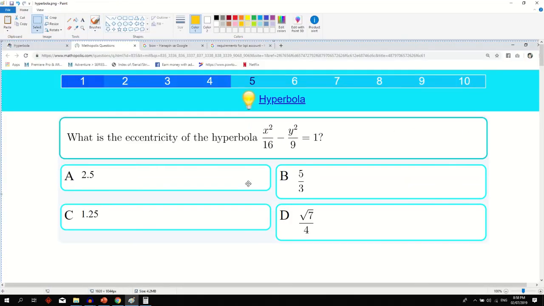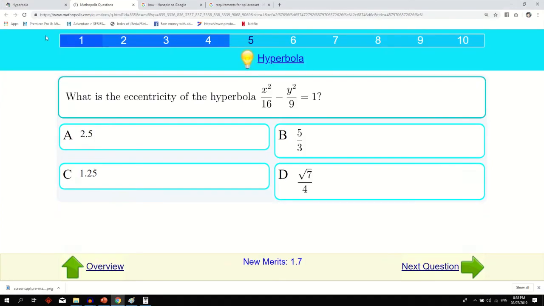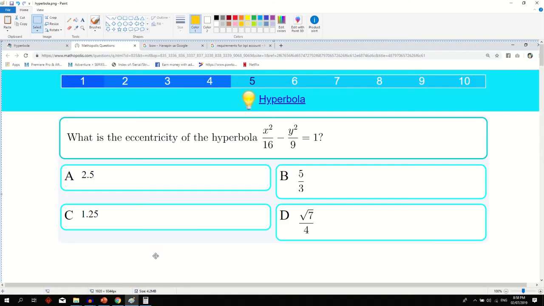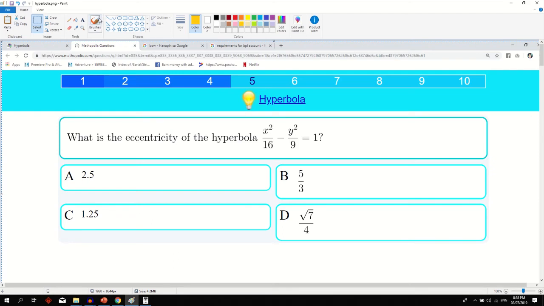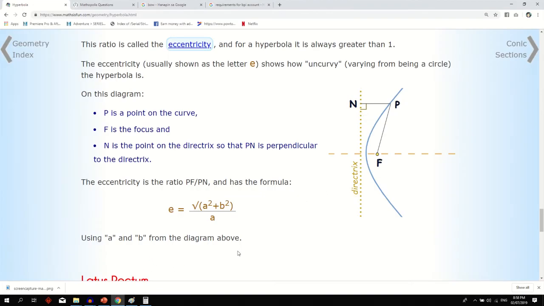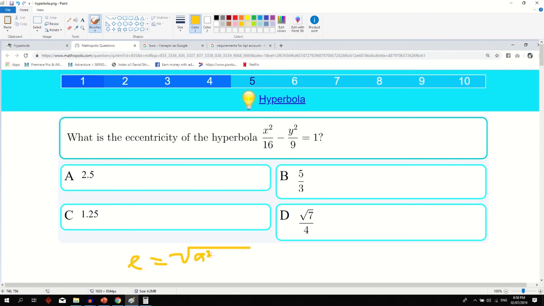The formula will be this one. E is equal to the square root of a squared plus b squared, over a. What would be the a? This one should be the a squared and this one should be the b squared.